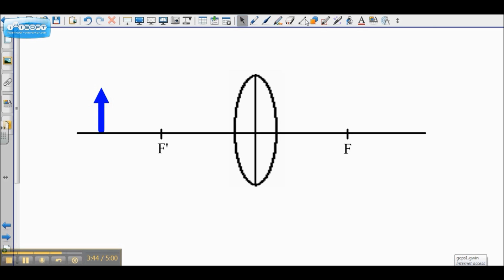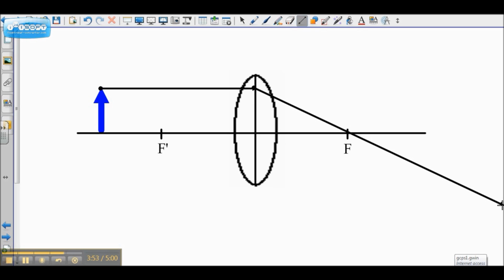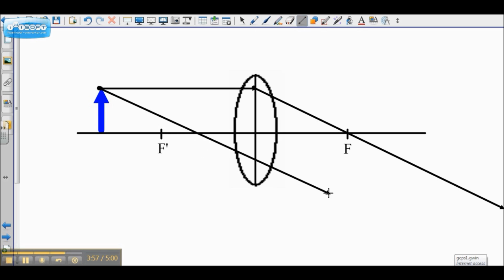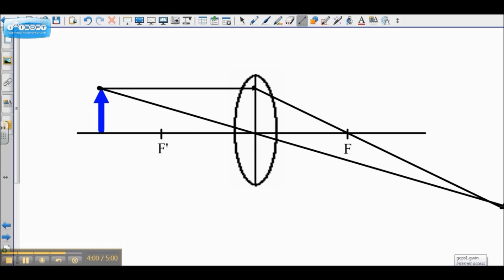Step 1, top of the arrow parallel to the lens, and then we refract through the focal point. Step 2, top of the arrow through the center of the lens. Notice now we're converging in real space.